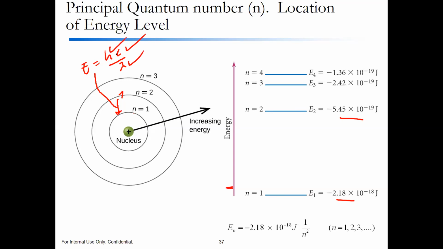Yes. Do I know h? Yes. Now I can calculate delta E, the energy difference from here to here. Now I can start getting some values for these energies. What's the energy at level 1, level 2, level 3? Because I know when the electrons move, they're only going to move between orbits, and they're going to give up a certain wavelength of light, and once I have the wavelength of light, I can figure out the energies.